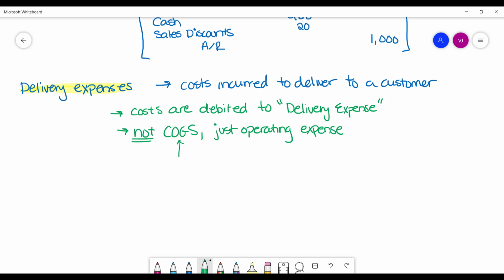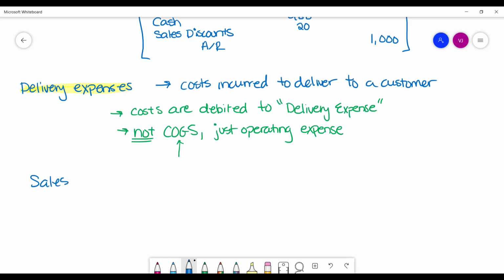Once you sell it, it's the cost you incur to get that product to the customer. That could be one of the reasons why it's considered external from cost of goods sold and considered its own expense. It's considered an operating expense nonetheless, but it has its own account. So just keep in mind, that's how we deal with delivery expenses.